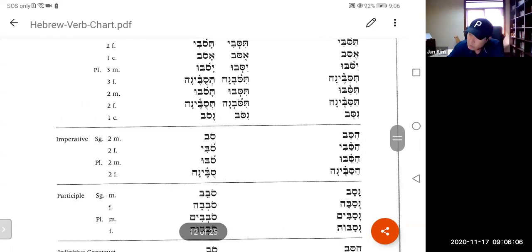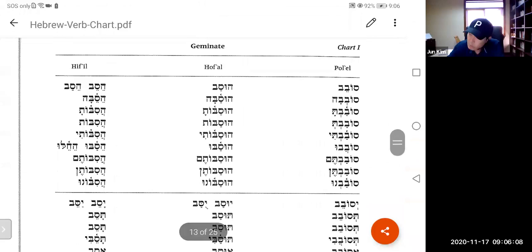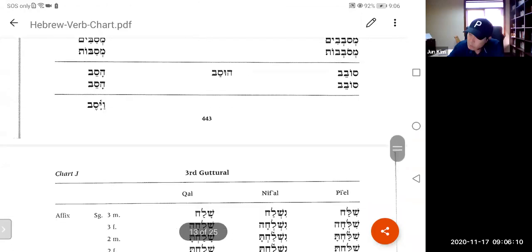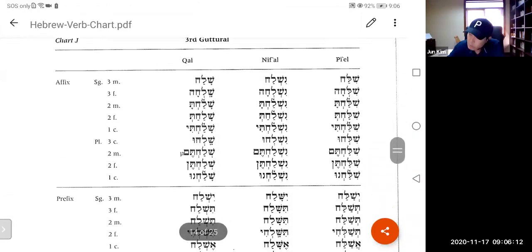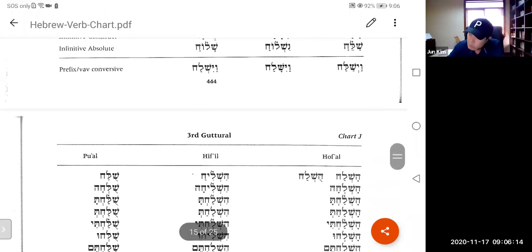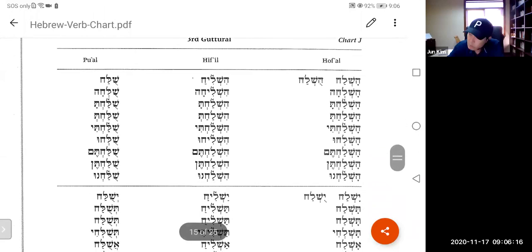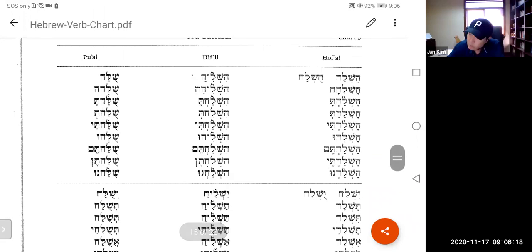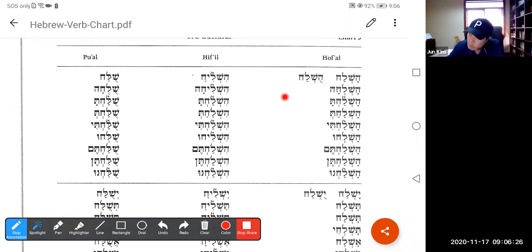Okay, geminate means a verb that takes two identical letters. Not really common, so I'm going to skip it. Third hey here. Of course, third hey has something special at the end of the verb, so it doesn't really influence the preformative ho.